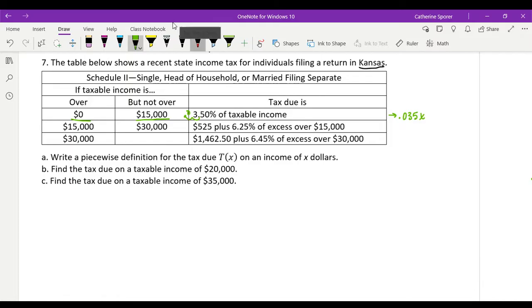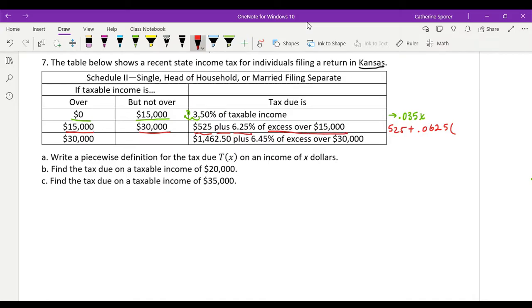And then if the income is between 15,000 and 30,000, then the amount of tax paid is $525 plus 6.25%, so as a decimal, that's 0.0625, multiplied by the amount of income in excess over 15,000.